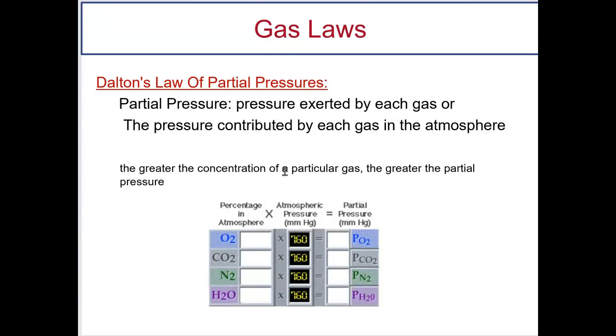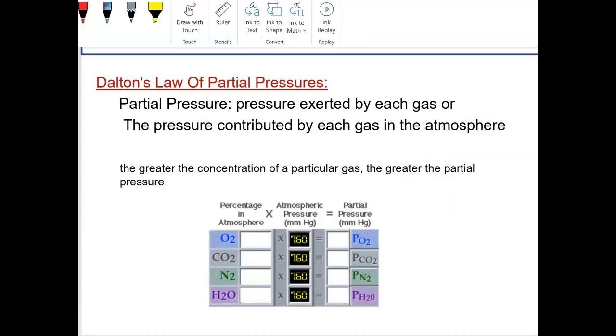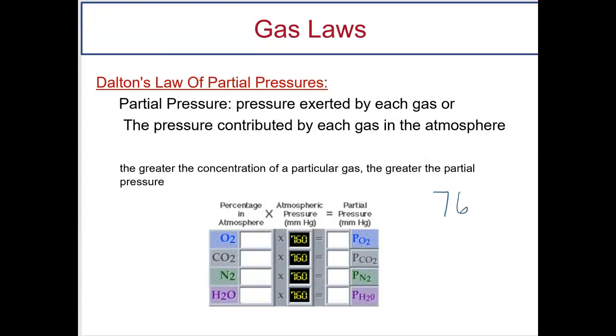And so the idea is if we use 760 as our atmospheric pressure, if we know what percent the gas is, so we know oxygen is 21%, then we just multiply that by 21% and we get about 159, and we're using mmHg. And so what this is we write PO2, and what that means is that's my partial pressure of oxygen.